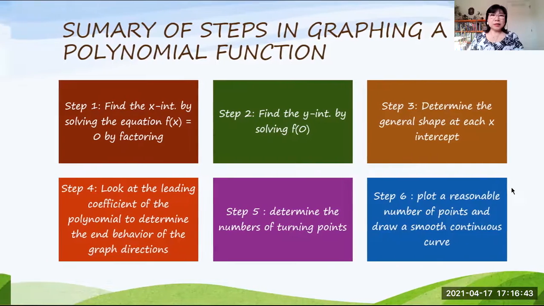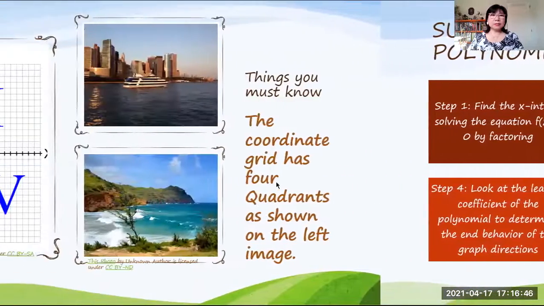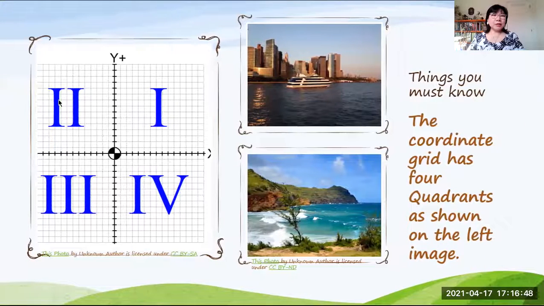So let me go to the next slide. Here I'm talking about things you must know. The coordinate grid has 4 quadrants as shown on the left image. So quadrant 1, quadrant 2, quadrant 3, and quadrant 4. When you sketch, usually you always sketch from left to right. You never sketch from right to left, right? So you have to know your pen. Where is your pen? Do you put the pen on quadrant 2 and then go down across the x-axis and go up again?